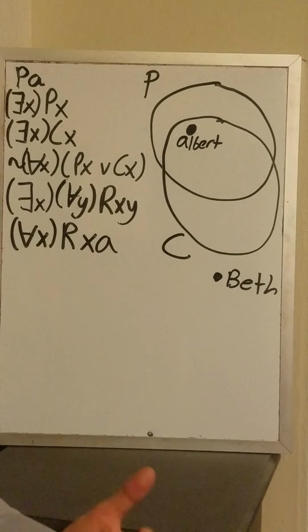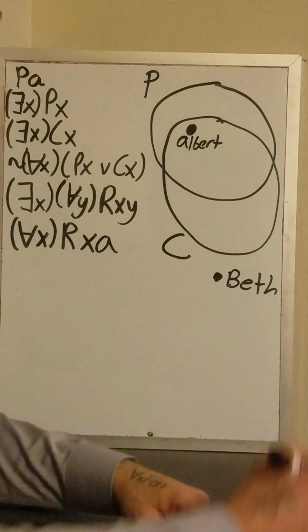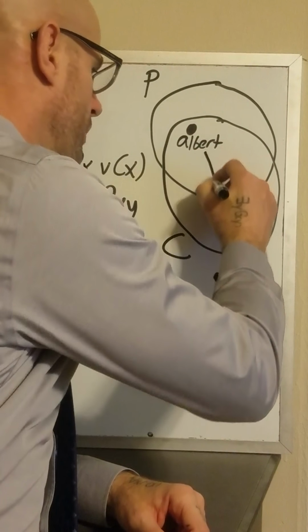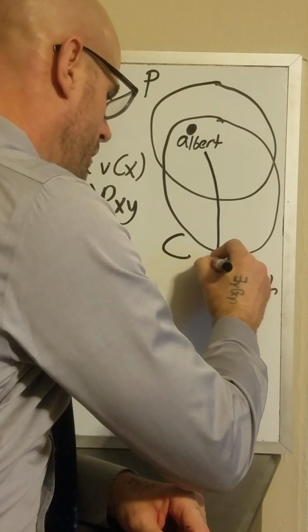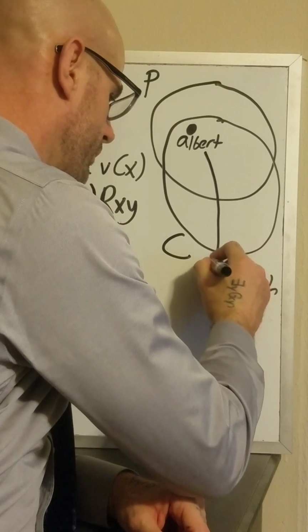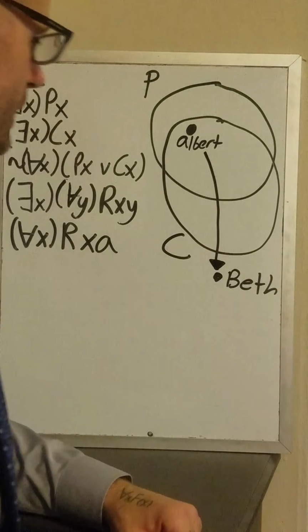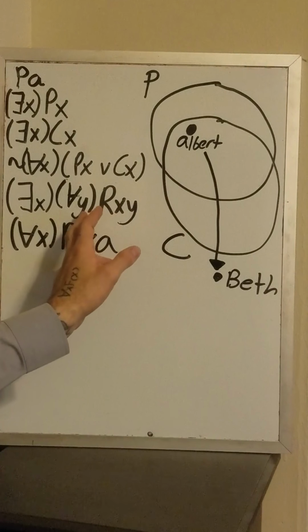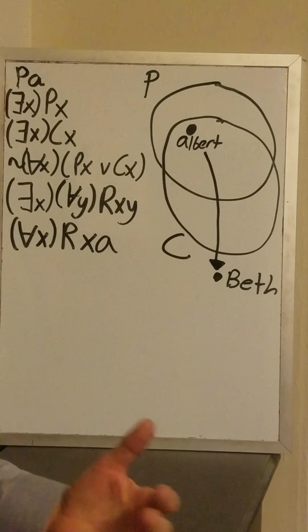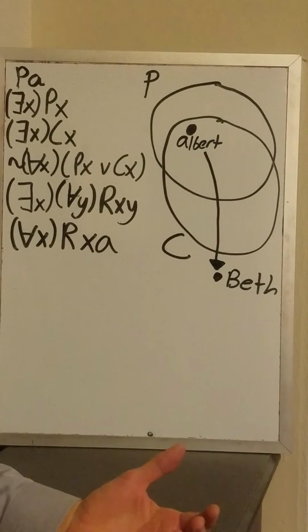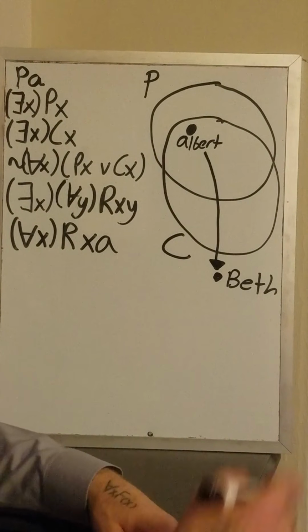For two-place predicates, it's easy to represent these with arrows. So let's draw an arrow from Albert down to Beth. But Albert respects everything, and Albert's a thing, so Albert has to respect himself as well.